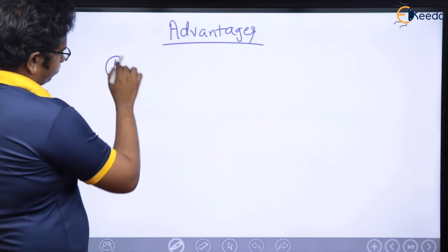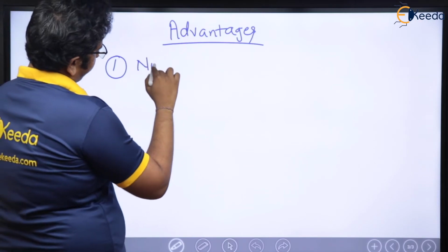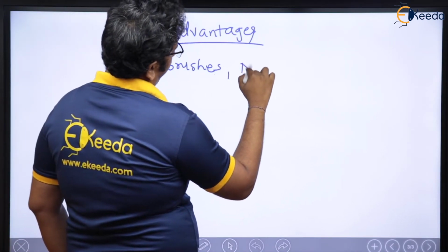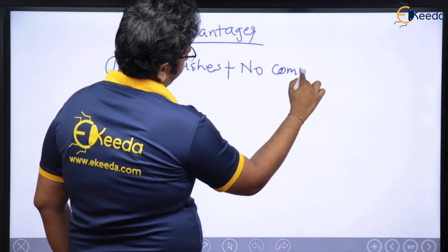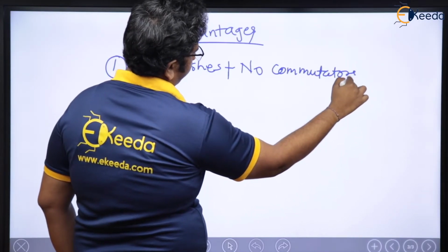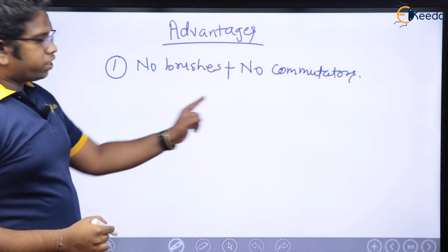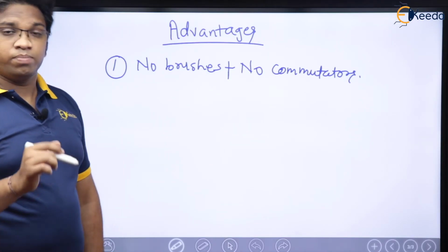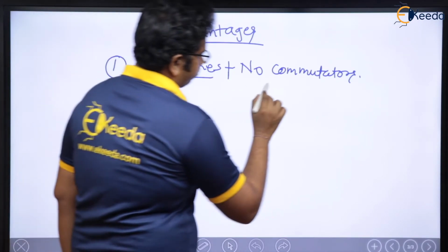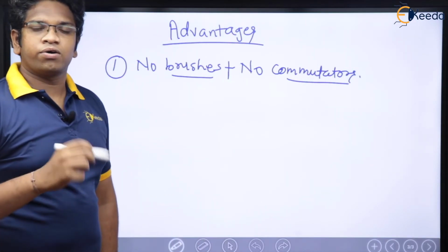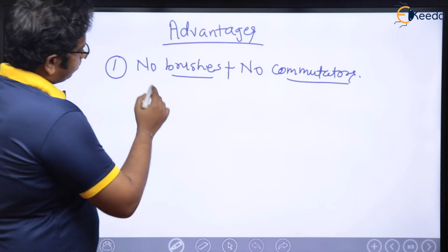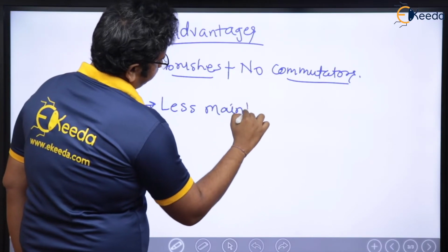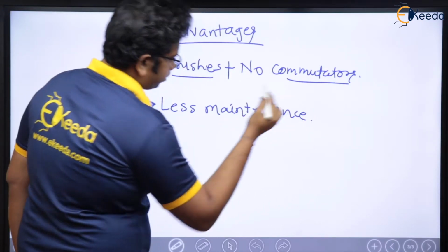The first advantage is that when you have no brushes and no commutators, if you see in case of DC motor, we have already talked about them, because of brushes and because of commutators, you need constant maintenance. So when they are not there, you are going to have less maintenance of the machine.